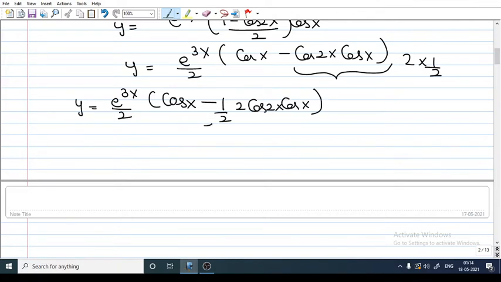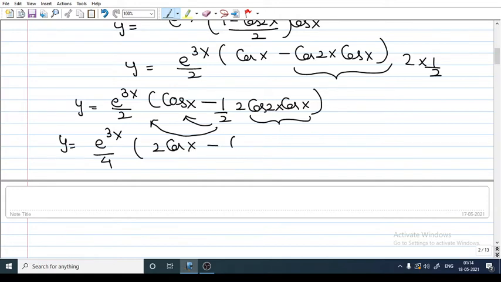After this we will take the LCM, and here we will apply 2 cos a cos b. So y equals e power 3x by 4 into 2 cos x minus, applying 2 cos a cos b, cos 2x plus x plus cos 2x minus x. So this is the stuff.